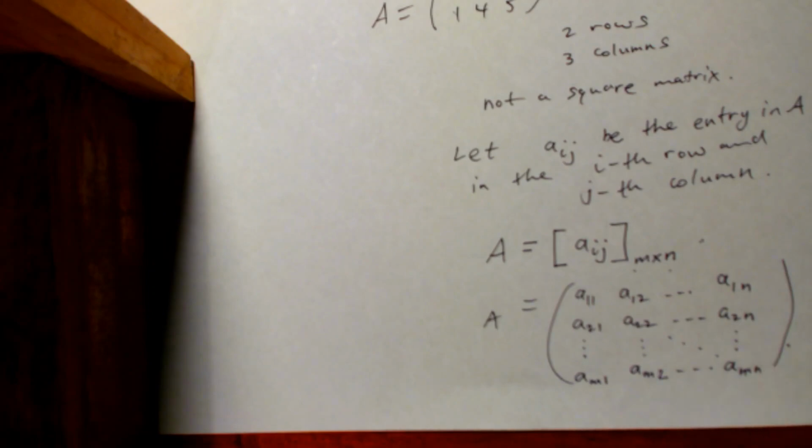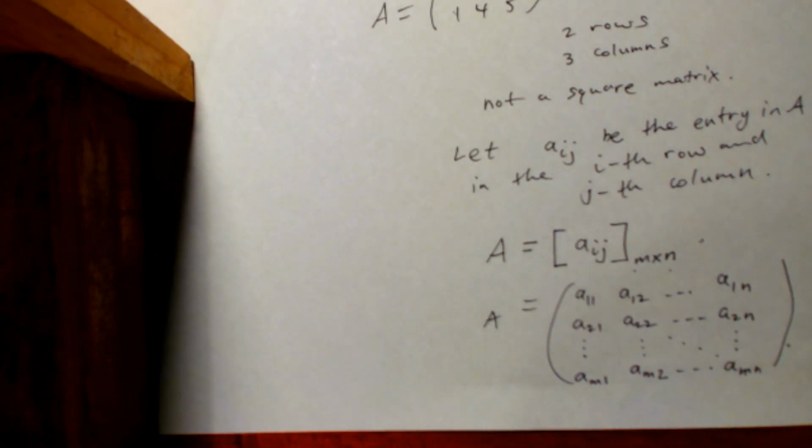So this is a way to write a generic matrix when you need a lot more entries than A, B, C, and D, if it's not just 2 by 2 or 3 by 3. If it's an m by n matrix, then you can characterize the entries by the ith row and the jth column.